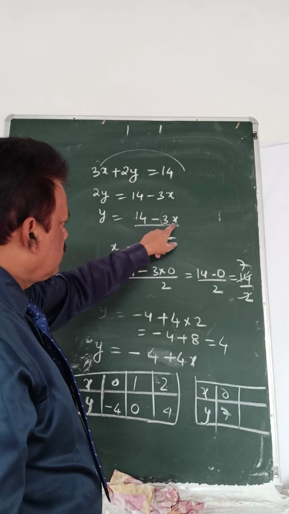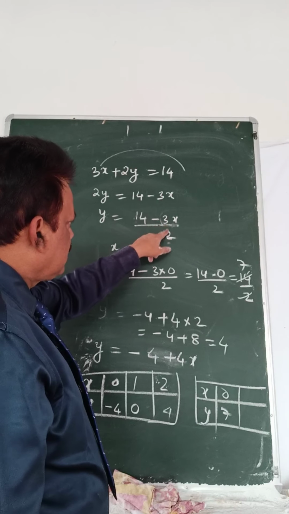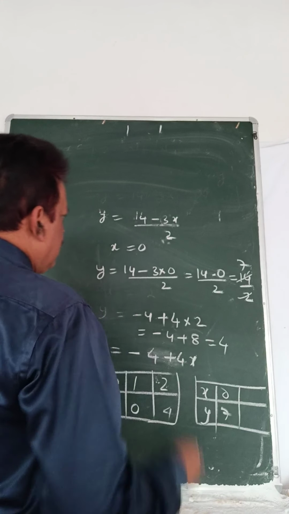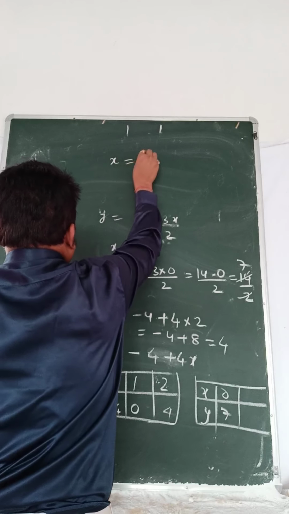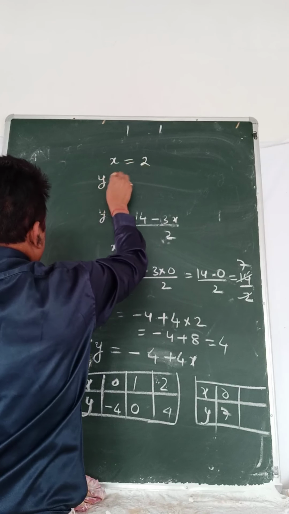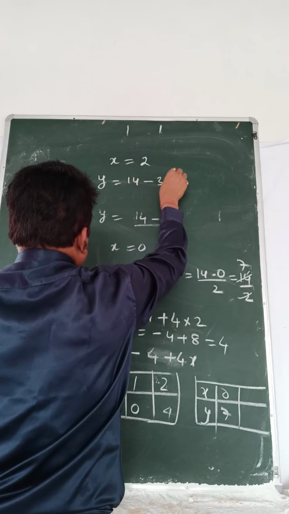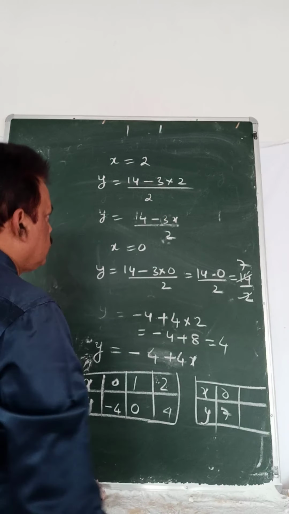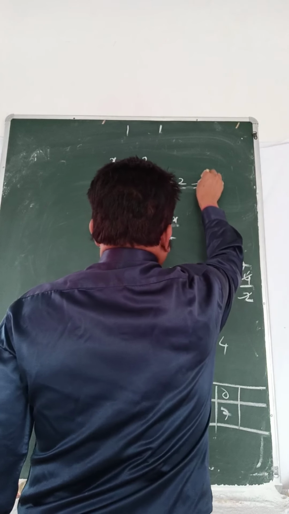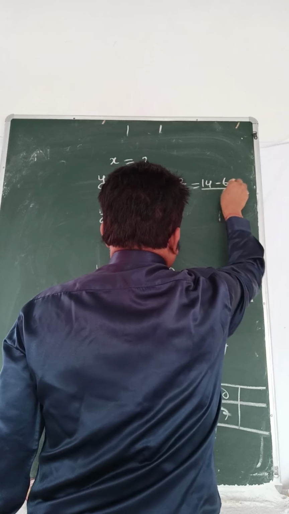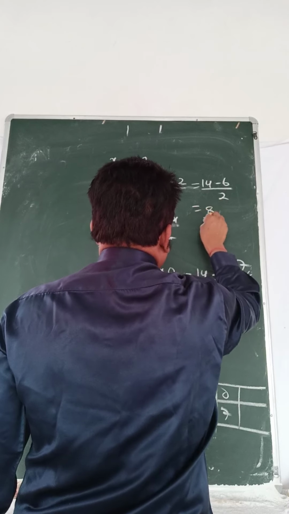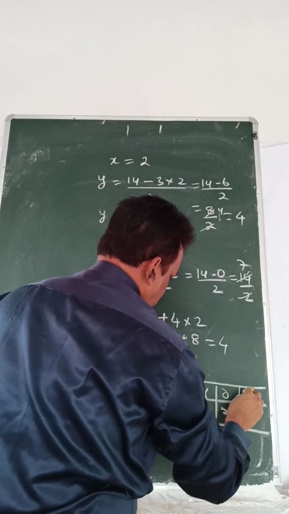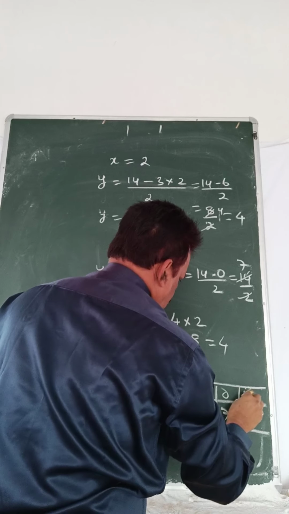If you take 2, 14 minus 6 is 8, divisible. So you can take x equals 2. Y equals 14 minus 3 into 2 by 2. So 14 minus 6 by 2, 8 by 2, that is 4. So (2, 4).